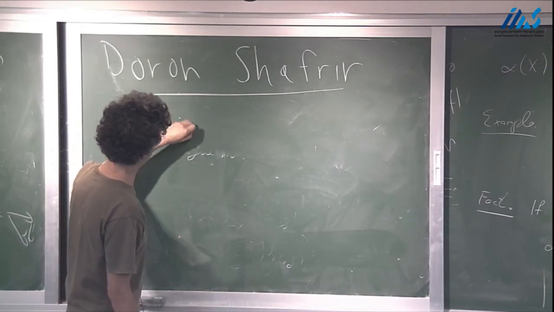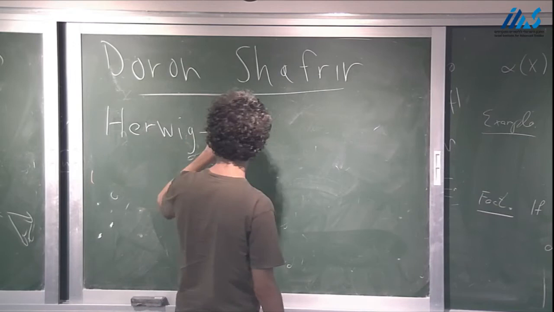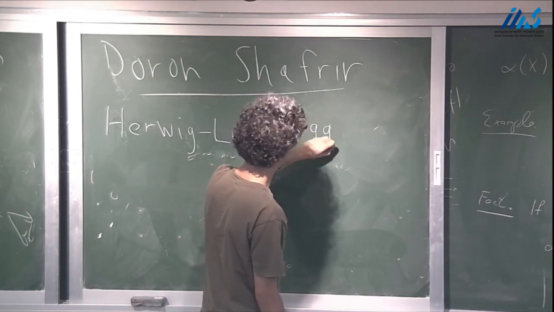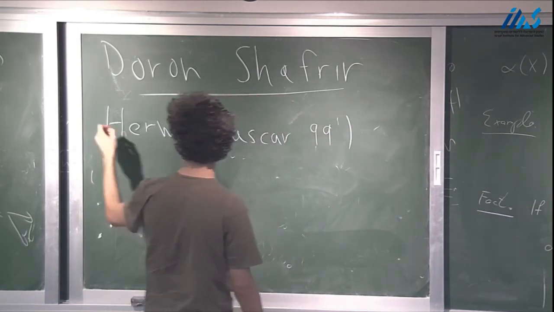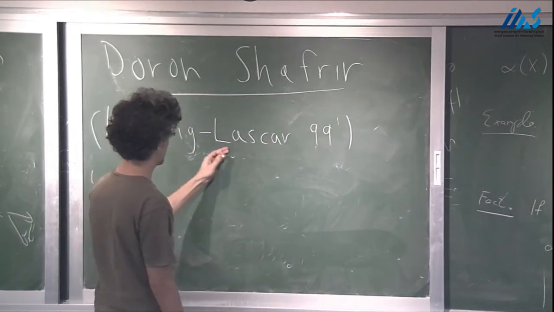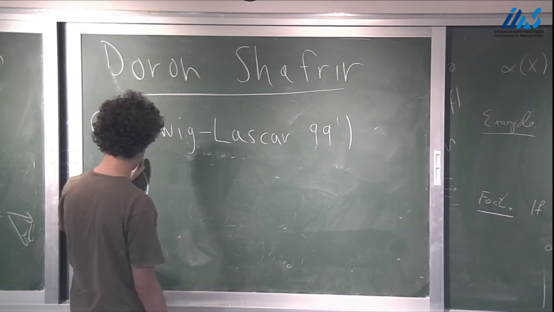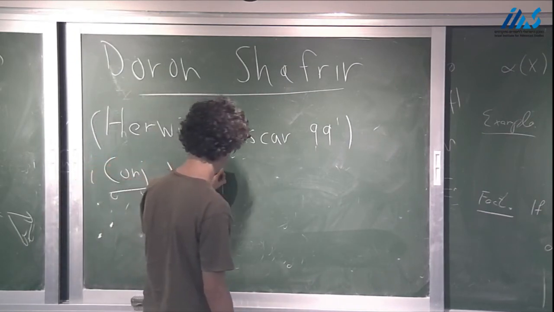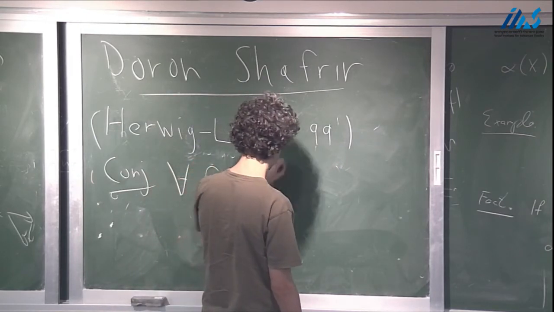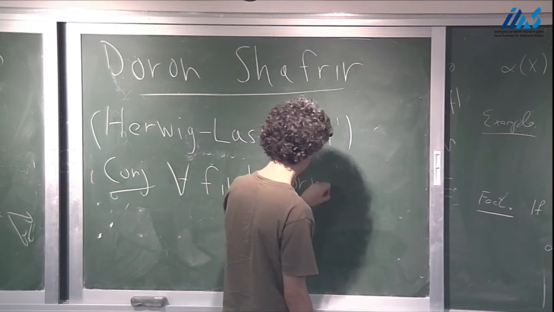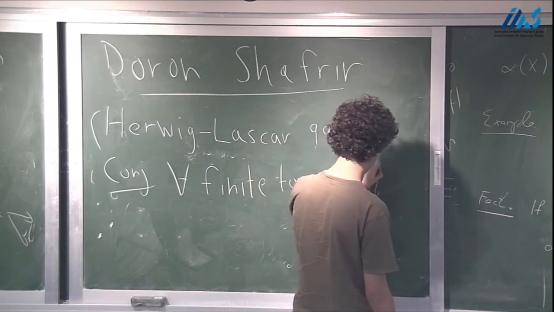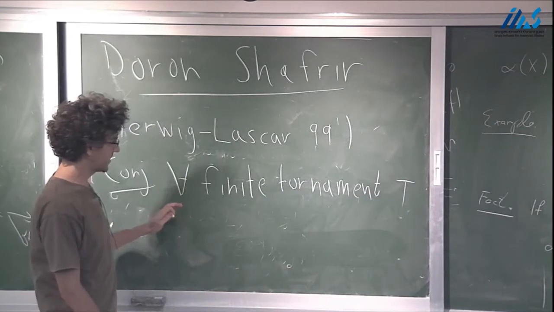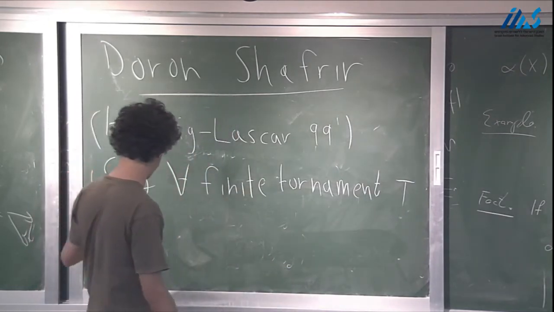In a paper of Herwig and Lascar, pretty old, from the last millennium, this is the conjecture: for every finite tournament T you can find a bigger tournament to embed it in.